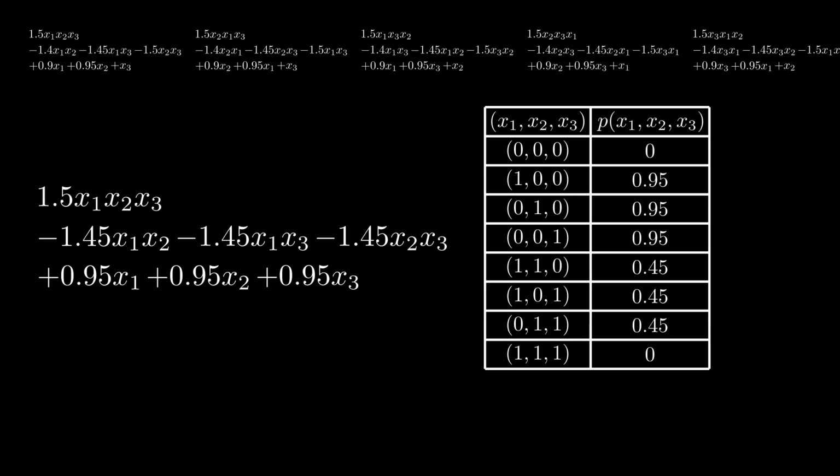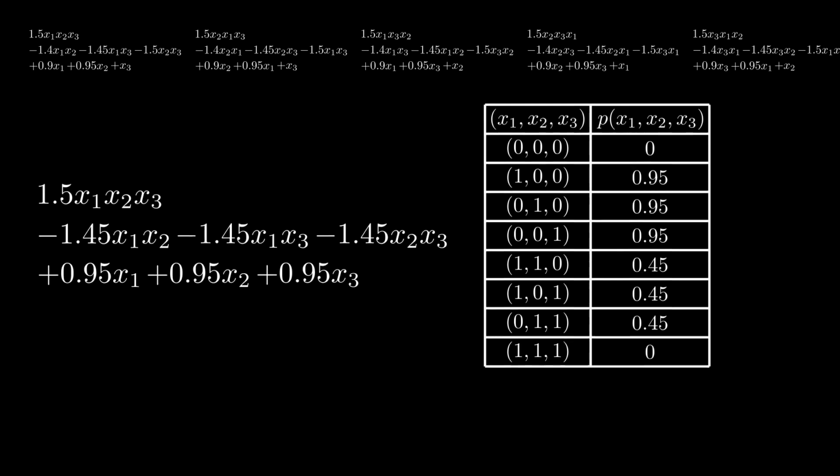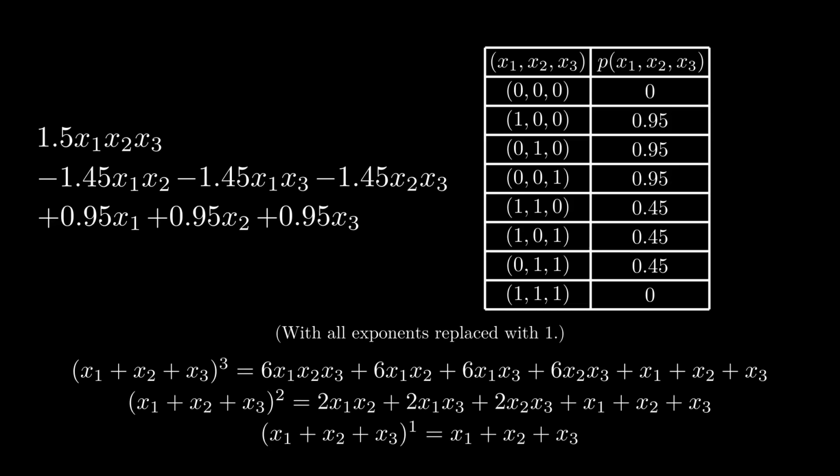Now that we have such a neat polynomial, we do one last trick. (x1 plus x2 plus x3) to the power 3 is just 6x1x2x3 plus 6x1x2 plus 6x1x3 and so on. (x1 plus x2 plus x3) squared is 2x1x2 plus 2x1x3 plus 2x2x3 plus x1 plus x2 plus x3.